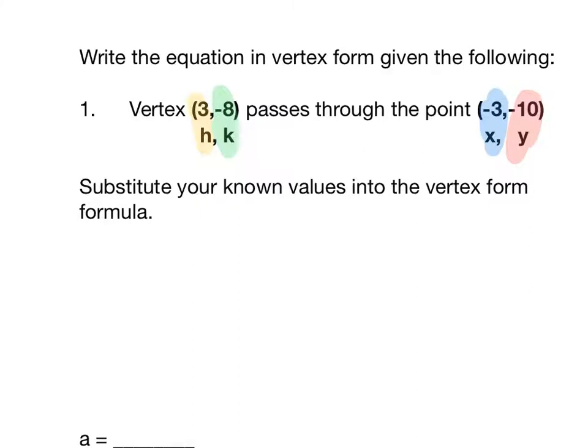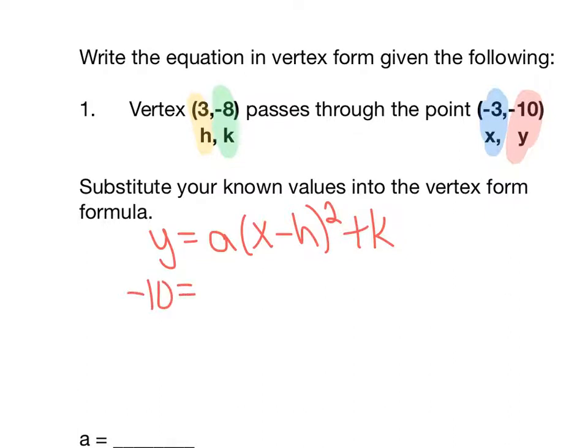So let's remember what vertex form is. It's y equals a times (x minus h) squared plus k. So let's just take those values and substitute them. I know that y is -10. The only thing I don't know right now is a, so that's going to stay there.